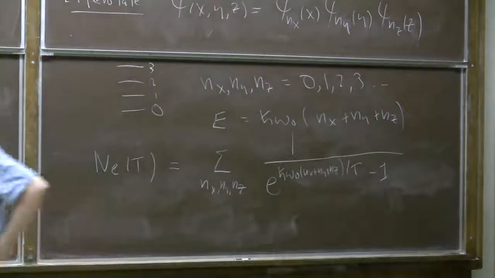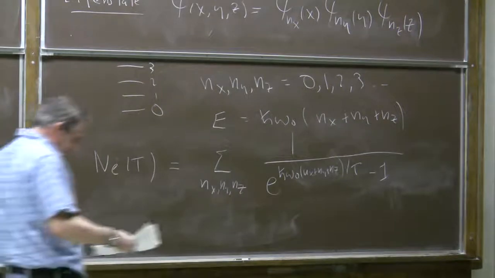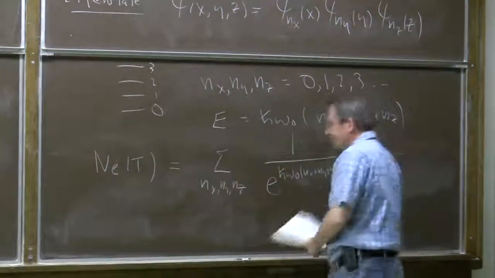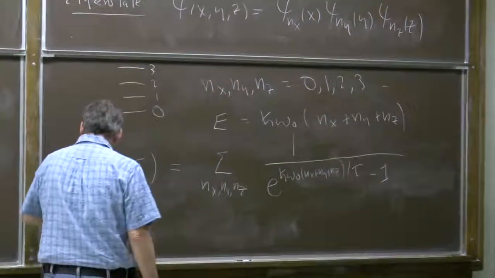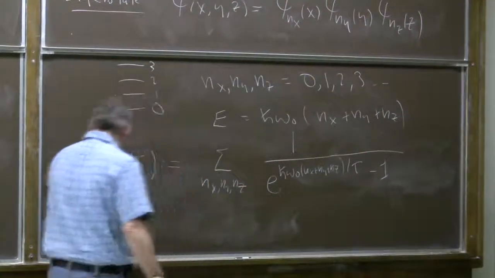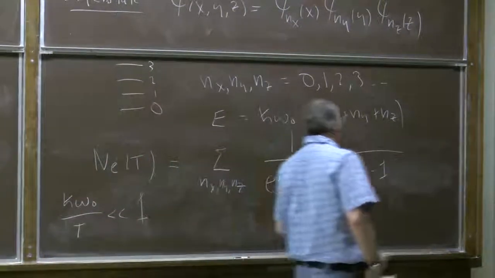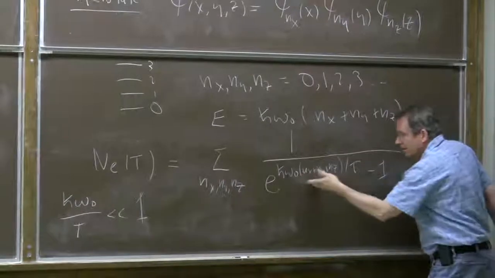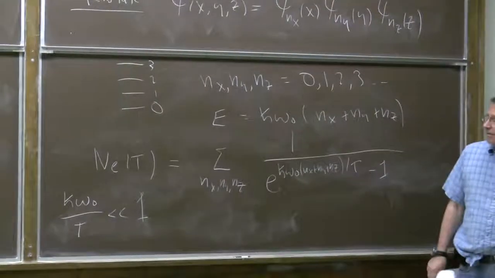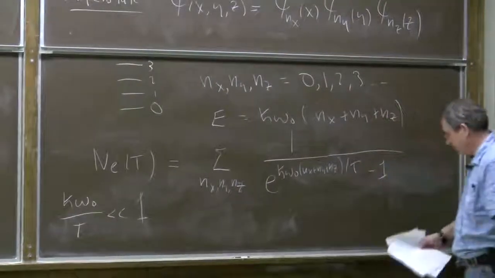Now, if the frequency of the trap, if it's a very soft trap compared to the temperature, then the sum over n can be well approximated by an integral. So if h bar omega naught over tau is small compared to 1, then when I increment nx, ny, or nz, the argument of the exponential changes just a little bit. I can think of this as the Riemann approximation to an integral.